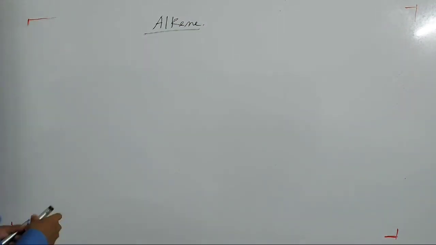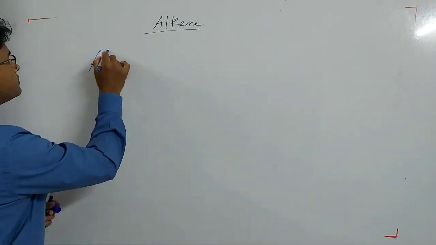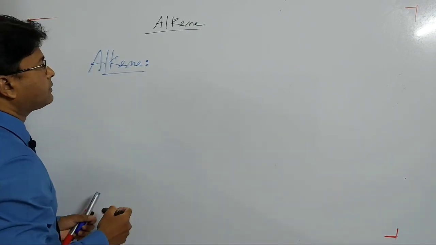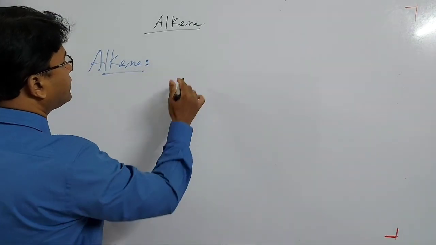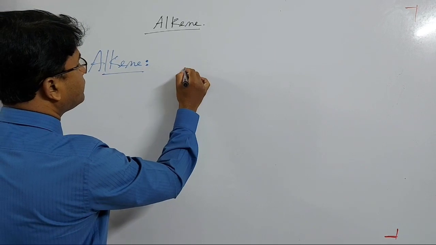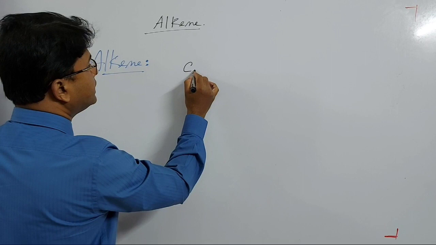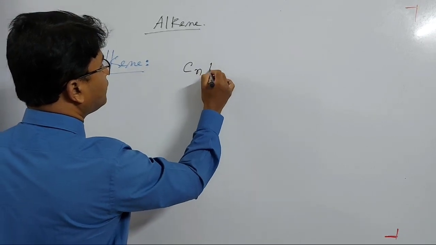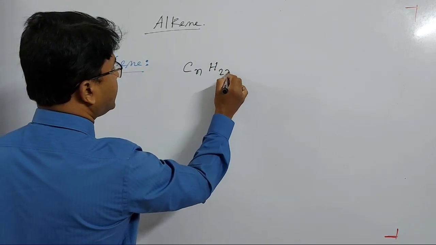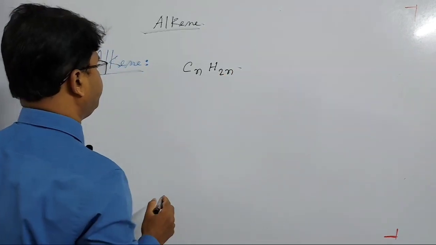What is alkene? Hydrocarbons with a carbon-carbon double bond are known as alkene. The general formula of alkene is CnH2n.